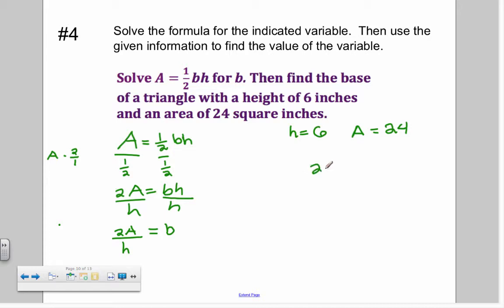I'm going to rewrite the formula. 2A over H equals B. And I'm going to plug in now 24 for my A, and 6 for my H. Doing my multiplication here, 2 times 24, that's going to be 48, over 6.